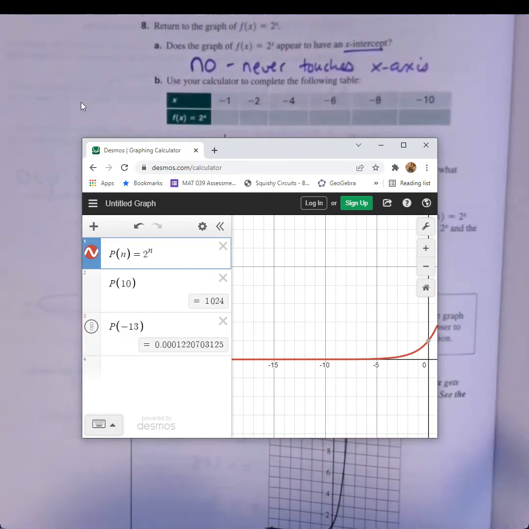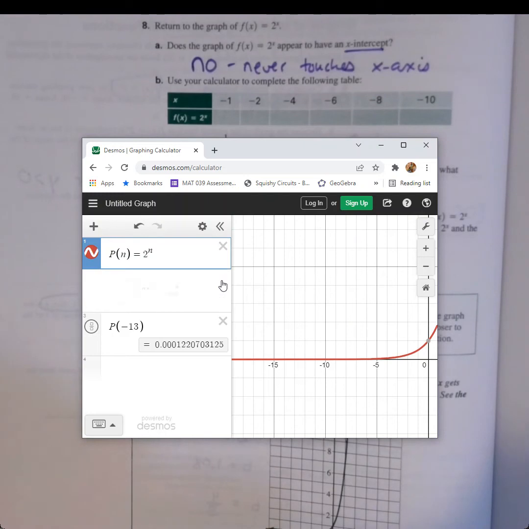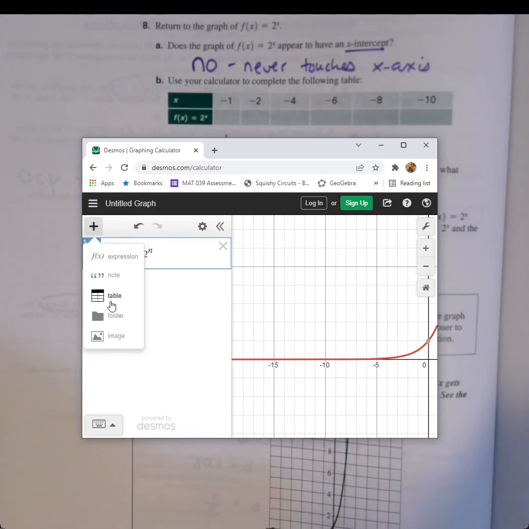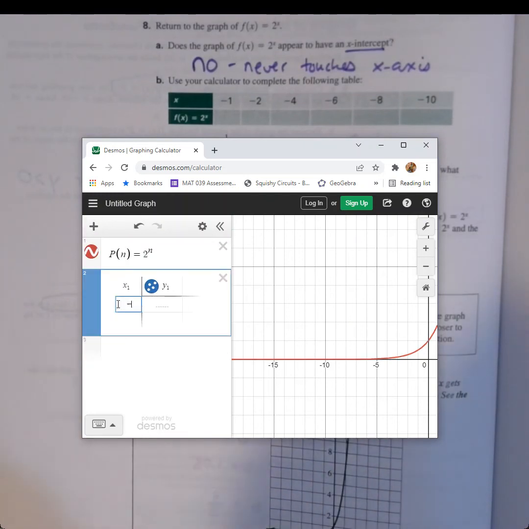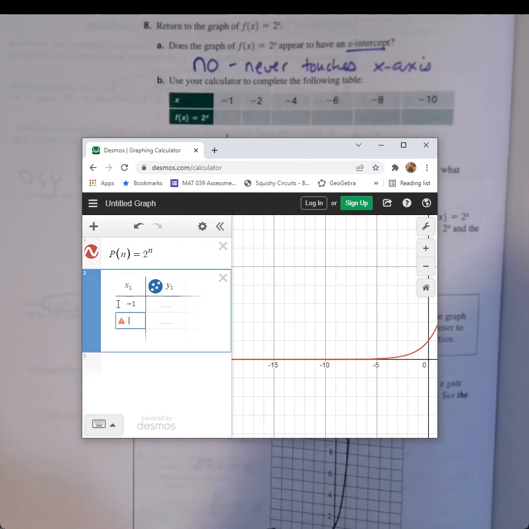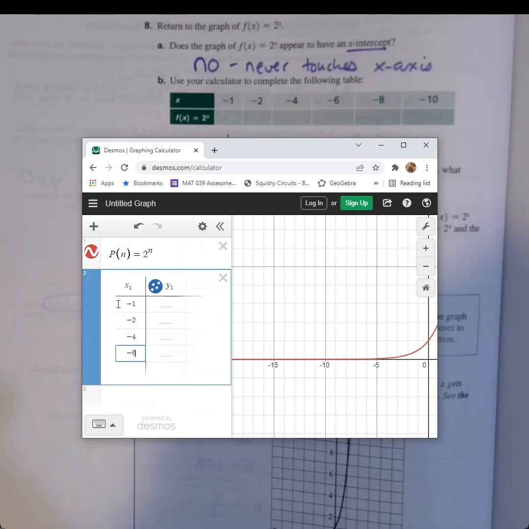Okay. And let's just go ahead and make our table so that we can fill in for -1, -2, and -4.